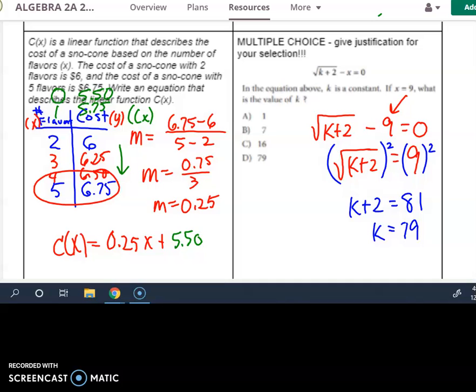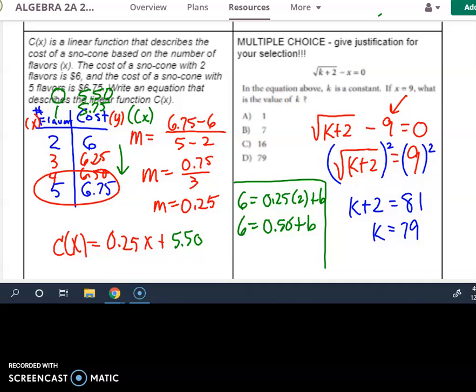If you wanted to figure out the b value, you could have taken the function and replaced c of x with 6, since that's the answer, and replaced the x with a 2, since that's how many flavors I get for the $6 cost, and then try to figure out what the answer is from here.